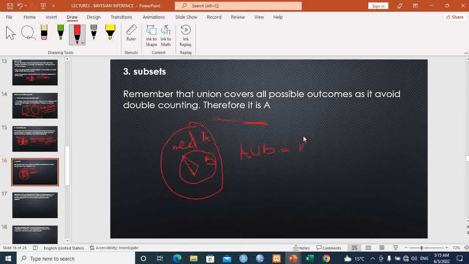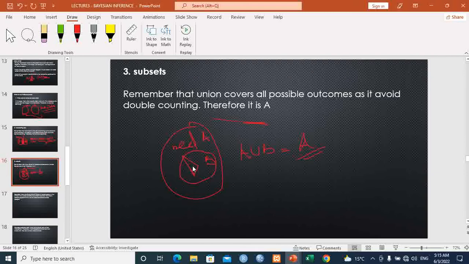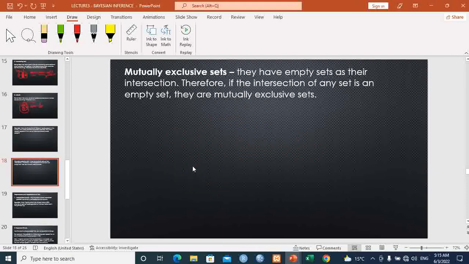So if we say A, we are covering both of them because B is within A. B is a subset of A, right? So we are not going to have any issue with that. Let's look at an example.